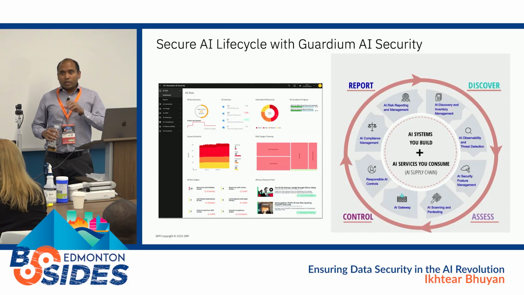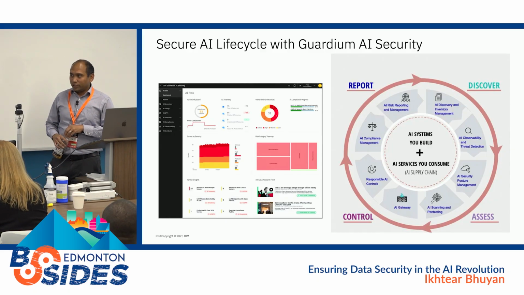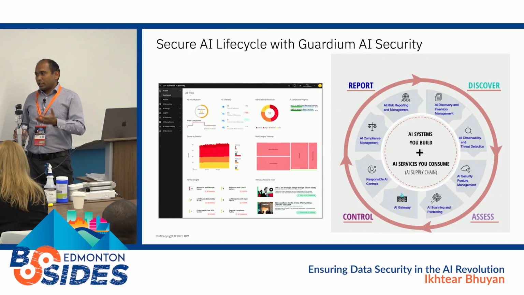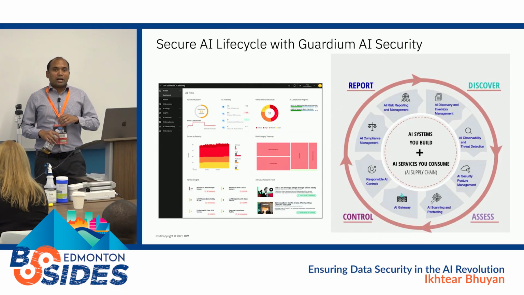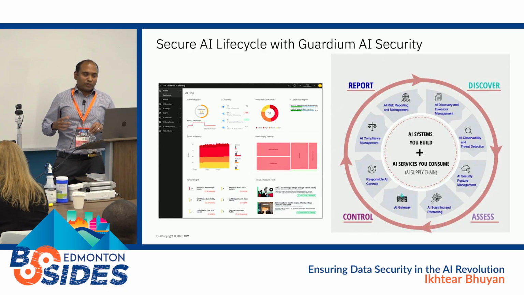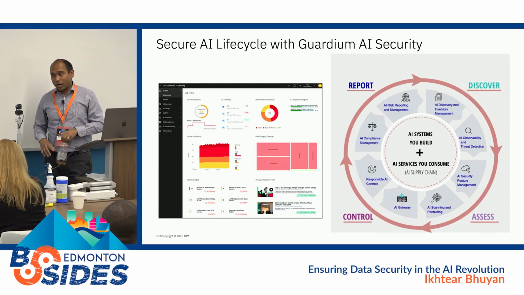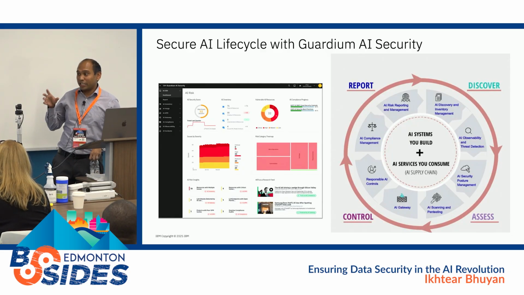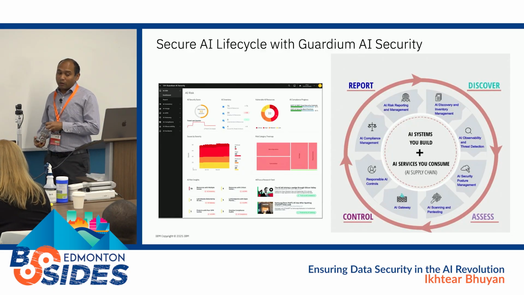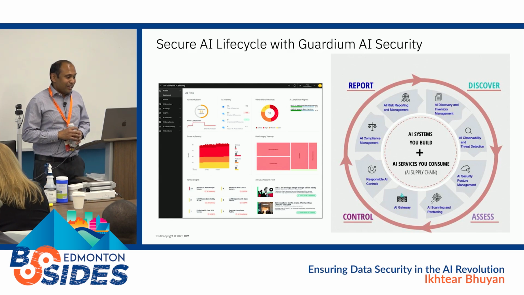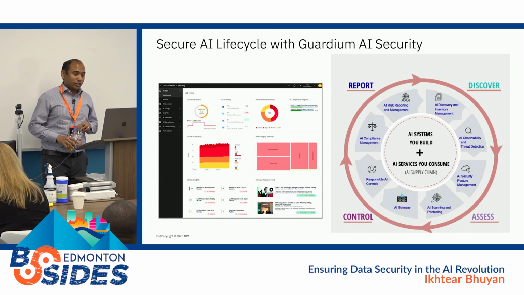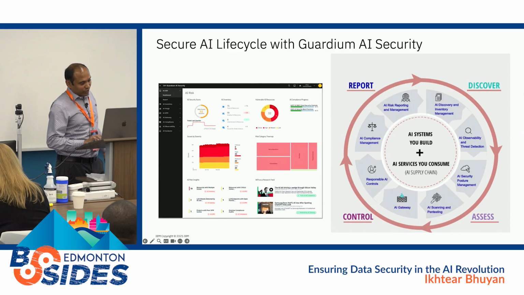So in the security world, we call it posture management. Cloud security posture management, you probably heard about, application posture management, all those different things. So that's the posture management part of it. You need to have posture management for AI, what nowadays we call AI SPM, AI security posture management. That's the second phase.